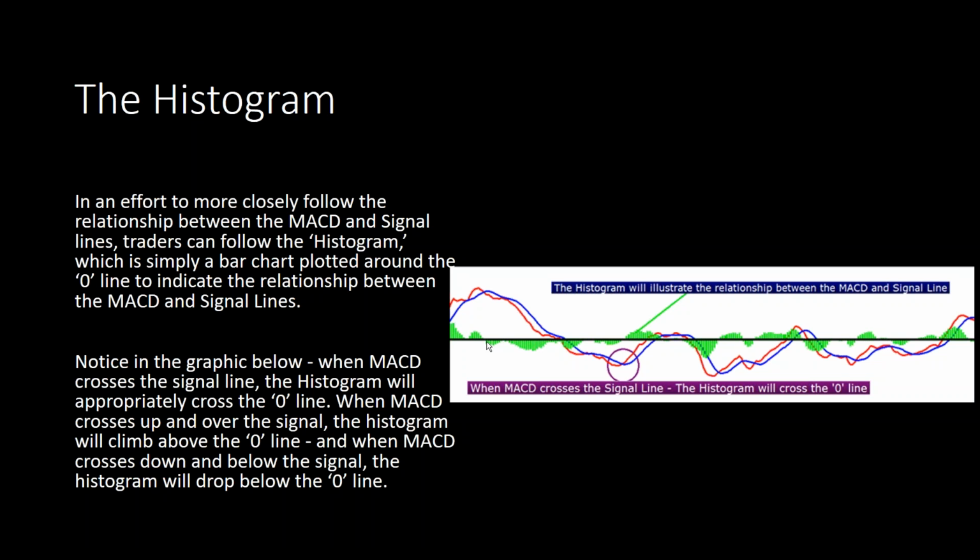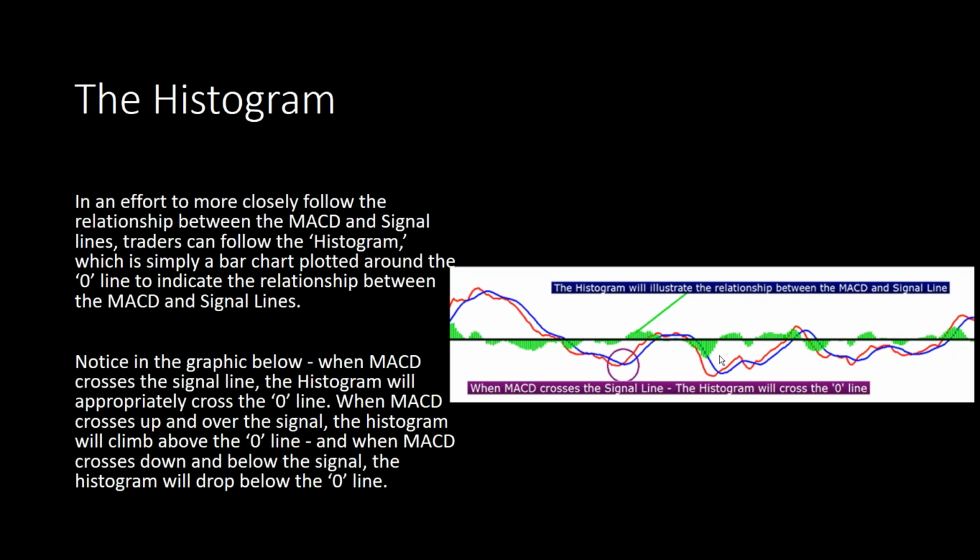So the histogram is simply the difference between these two lines. And then you plot it using the 0 line here. So if the difference between these two lines was a +1, we would plot it at +1 above the 0 line. If it was a -1 because it moved the opposite, we would plot it next to that. And then it just goes on.